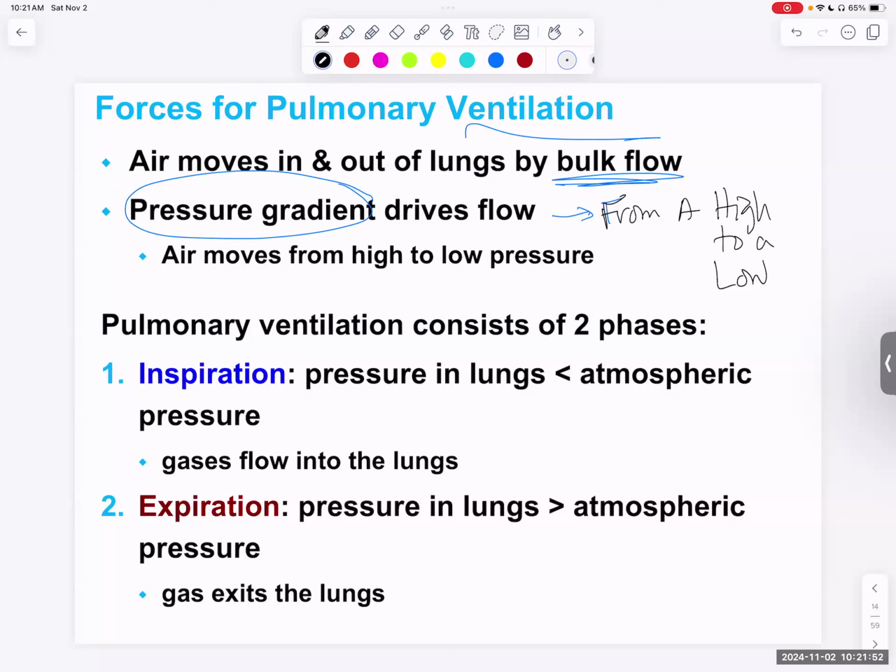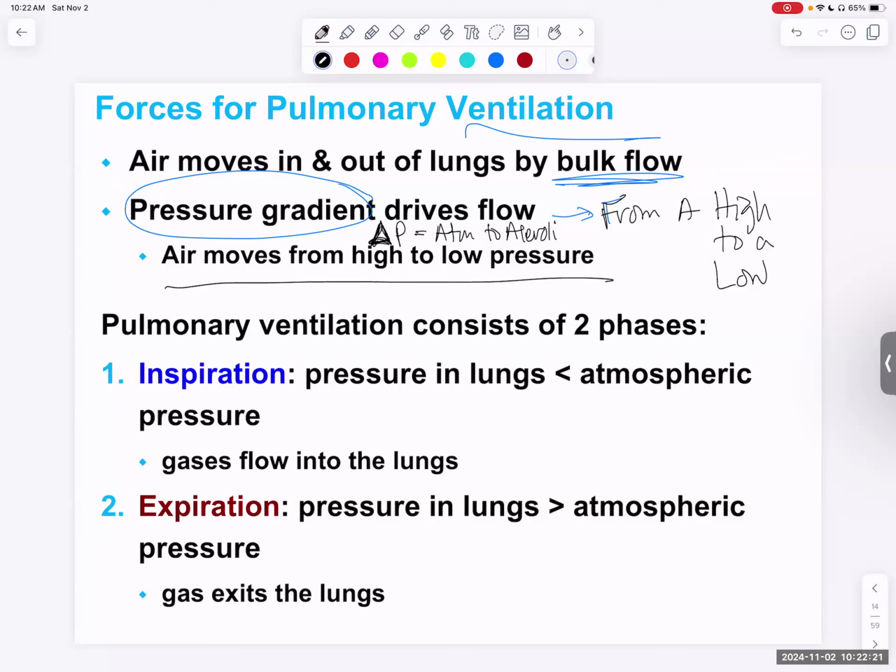So pressure gradient, like in the cardiovascular system, you're going to have a delta P, which is the difference in pressures from atmosphere to alveoli. And the direction of airflow is going to be determined by whether the pressure is higher in the atmosphere than alveoli or lower in atmosphere than alveoli. This is what's going to move air.